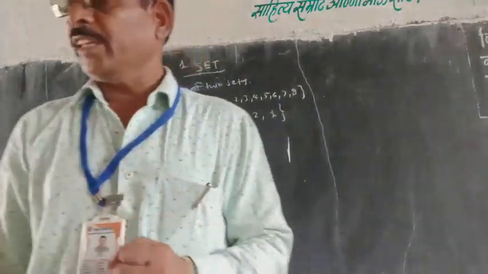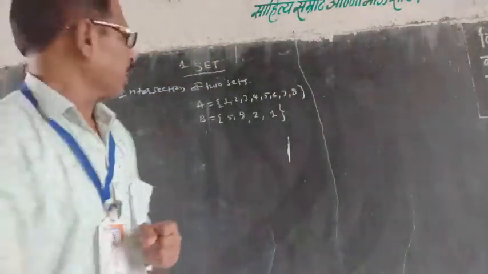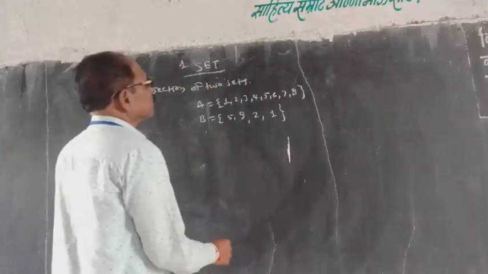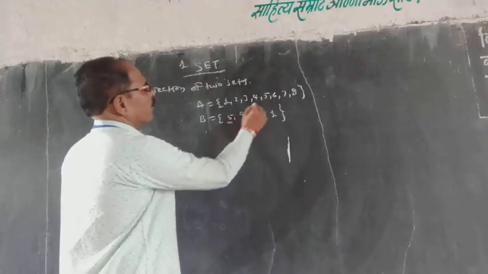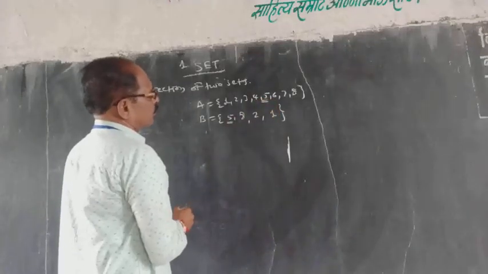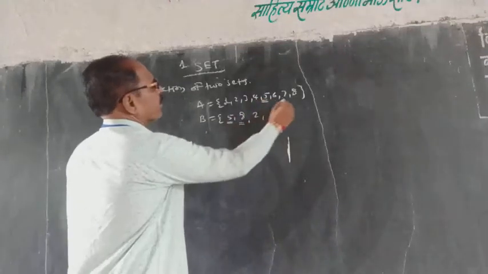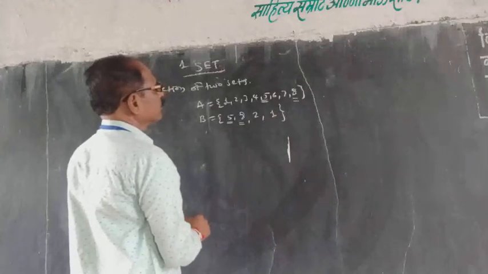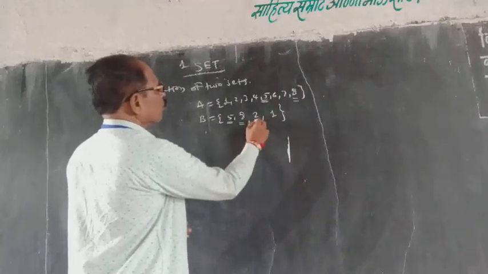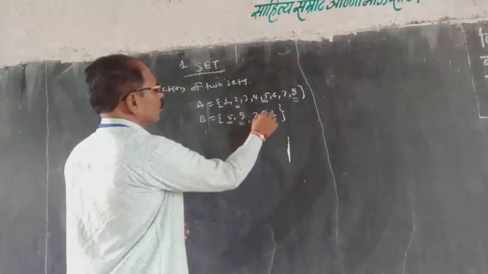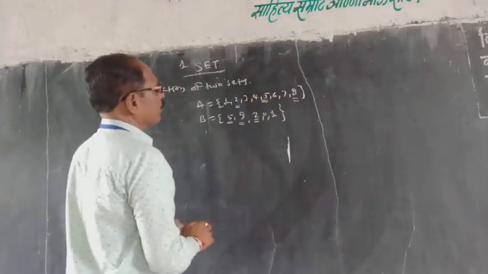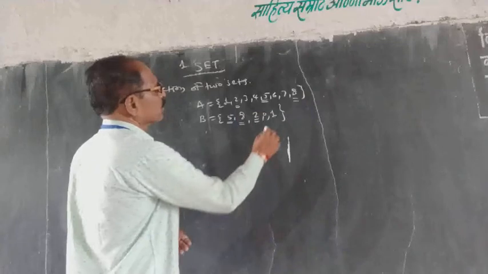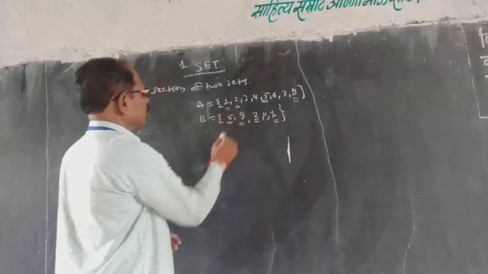Comparing these two sets, we find 5 is present in both, 8, 2, 1, and 0 is not present on both sides.